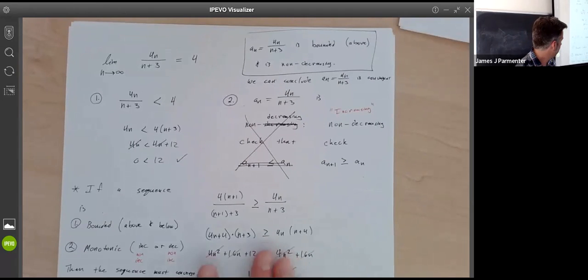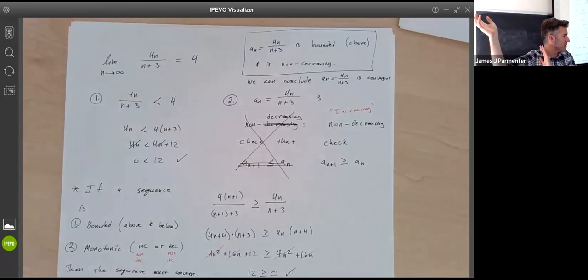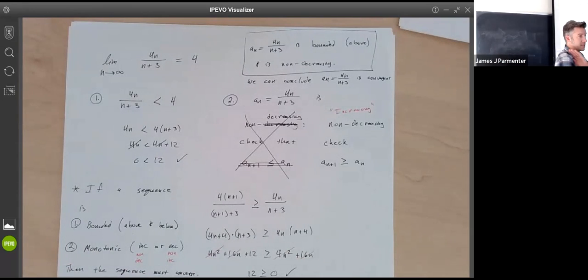And really, to be even more general, a sequence needs to eventually be monotonic, meaning it could do all kinds of crazy stuff for the first 20 terms. And then after that, as long as it's decreasing or increasing, depending on what you need, you're good to go. That's a very generally true statement about a lot of what we deal with.